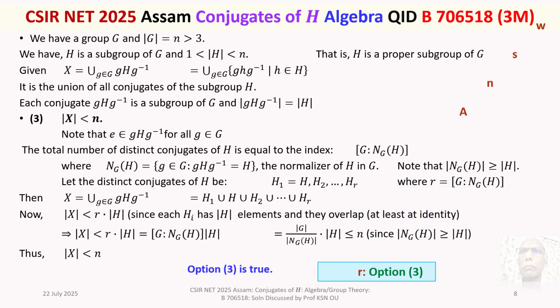That is the detailed discussion of the solution of this problem from the section algebra, from group theory, related to the conjugates of the elements of a subgroup H of G, where G is a finite group. In my opinion, answering this question in the examination will be a difficult task, for me at least.